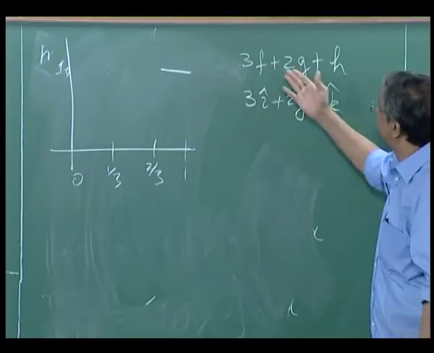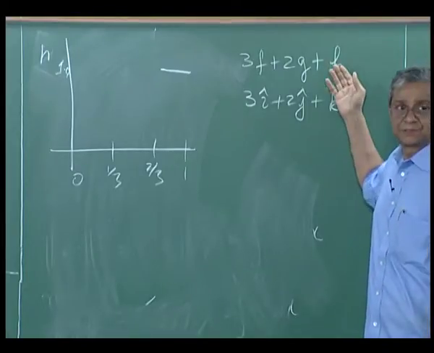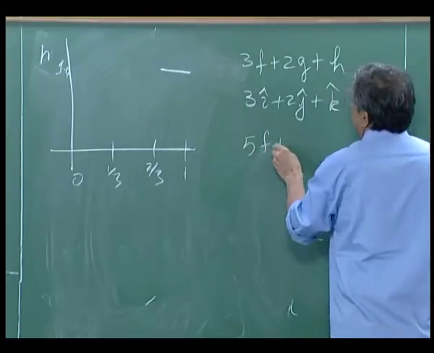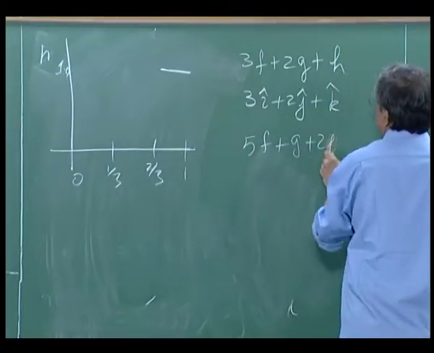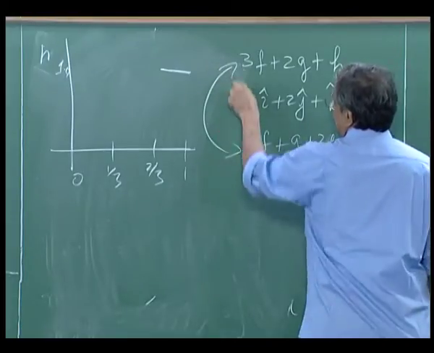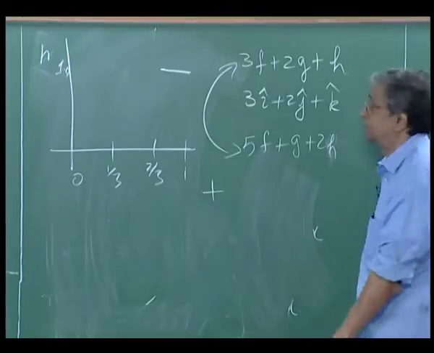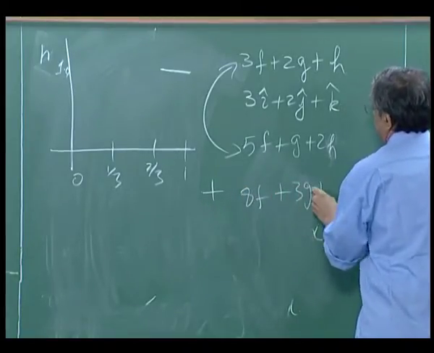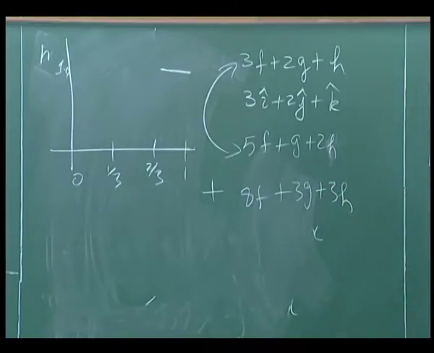It is almost as though I have actually told you what are i, j and k, defined them in terms of functions. And if you have 5f plus g plus 2h, you can add up these two quantities. You can perform the arithmetic just like you would do normally and get 8f plus 3g plus 3h. Fair enough? Is that fine?